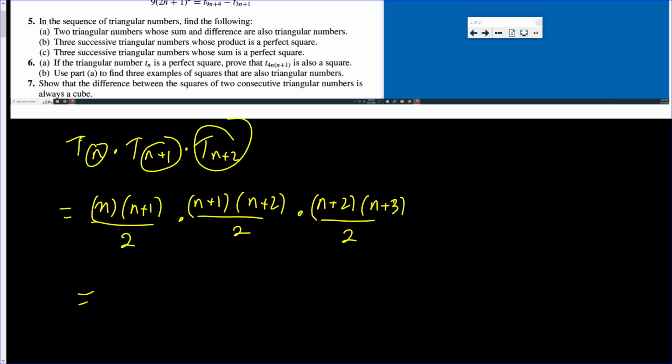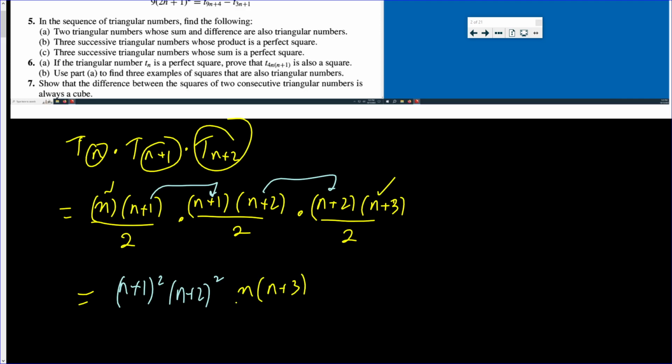Well, I would jump on the squares. That product is n plus 1 squared, and that product is something squared. It's n plus 2 squared. So I'm not going to touch that. And what survived is n times n plus 3 over 2 times 2 times 2, which is 8.